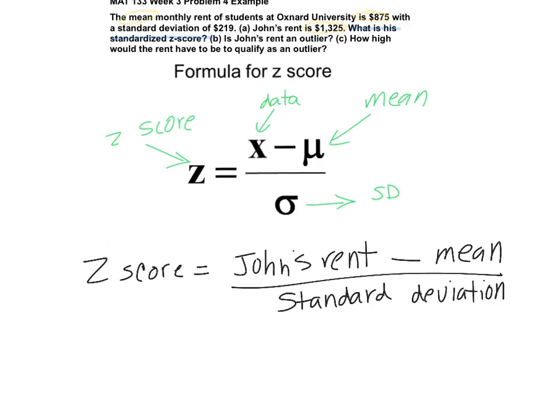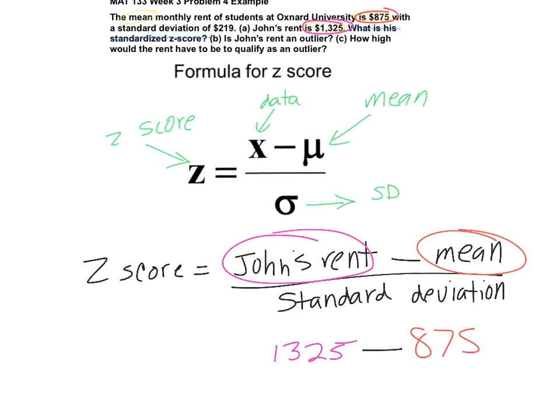So in order to find the Z-score, we are going to take John's rent, which in this case is $1,325. And we are going to subtract the mean, which in this case is $875.